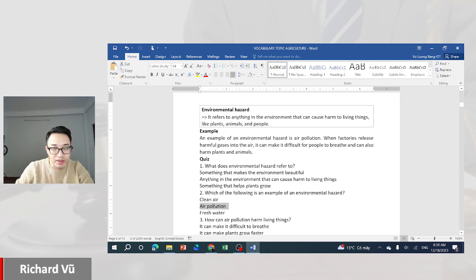Air pollution is what we refer to in this example. An example of an environmental hazard is air pollution, when factories release harmful gases into the air. It can make it difficult for people to breathe and can also harm plants and animals.